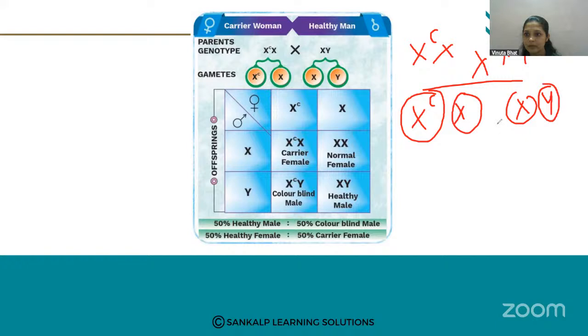Okay, so you can see XCX. Okay, so she is also a carrier female, and XCY. So here XC means one X is affected. So here the disease is transferred to the sons, right? So that is called as the crisscross inheritance.